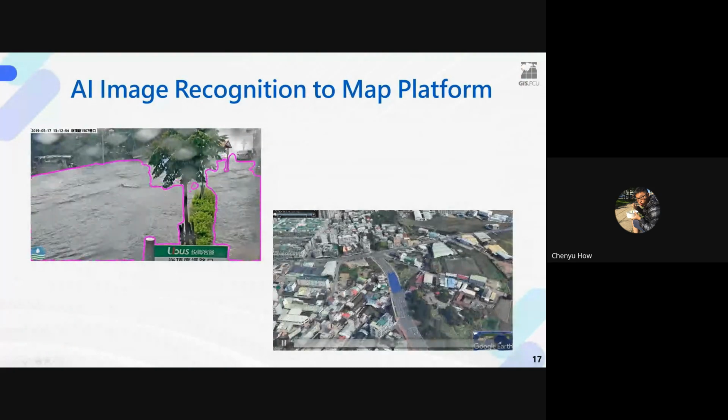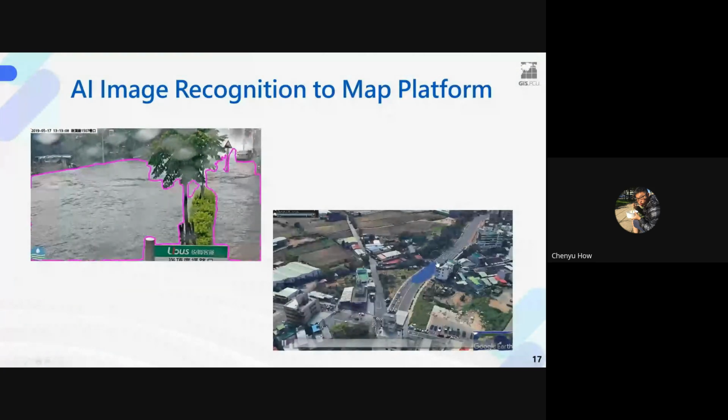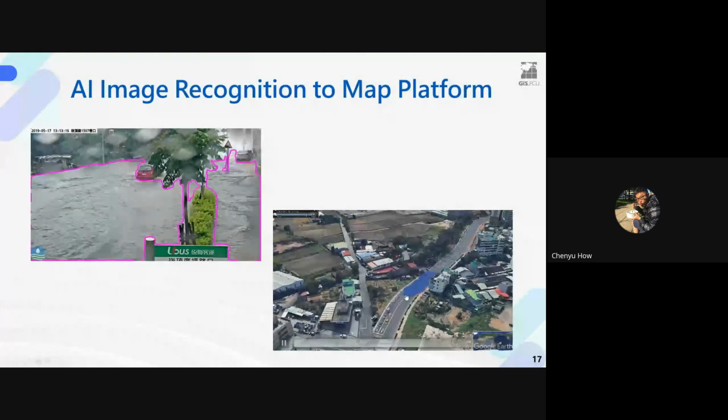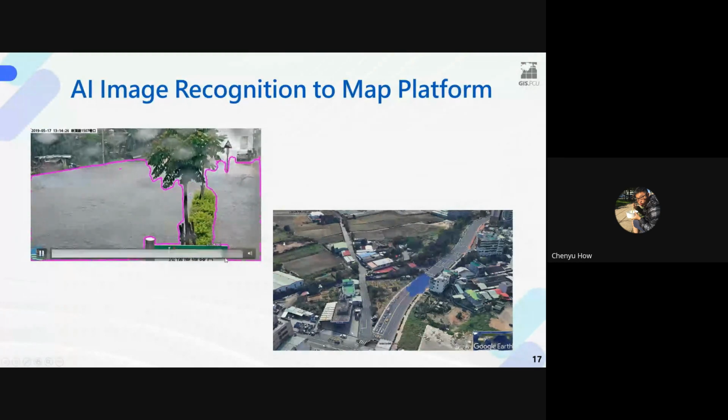And like you see, this is a 3D city mesh that we can measure the flood area and display on the 3D WebGIS platform. So which means we can create a relative digital twin based on the ground information.